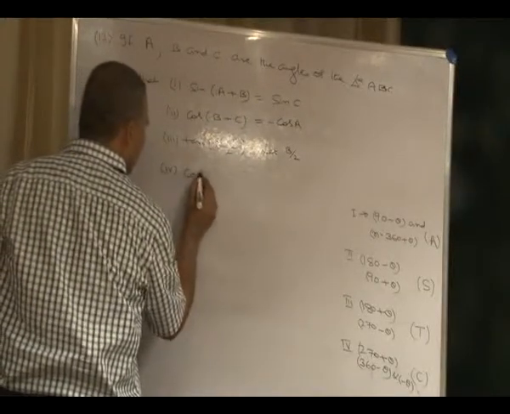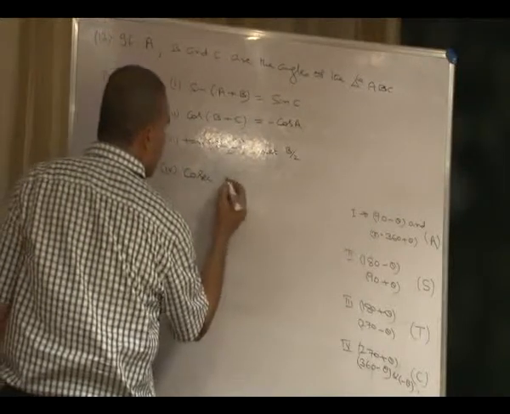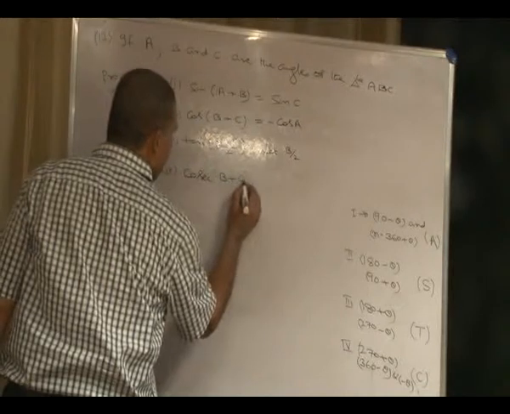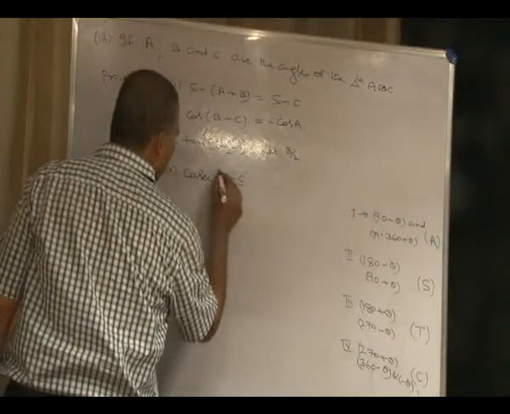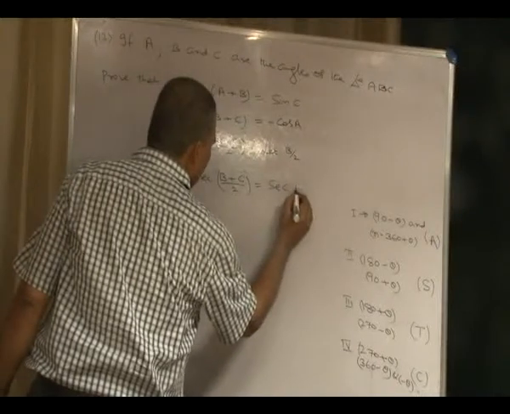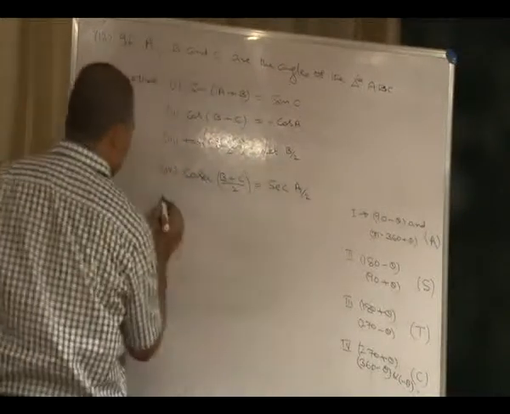Next, cosecant of (B plus C) by 2 equal to secant of A by 2.